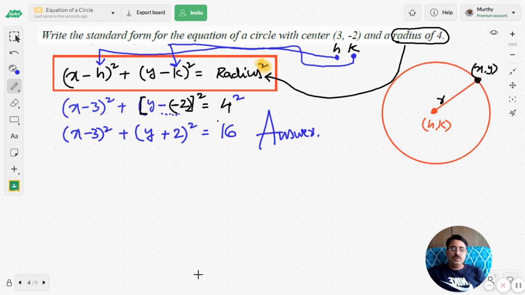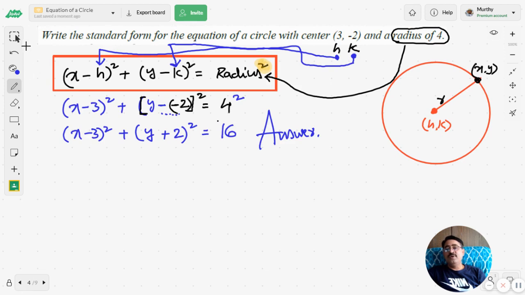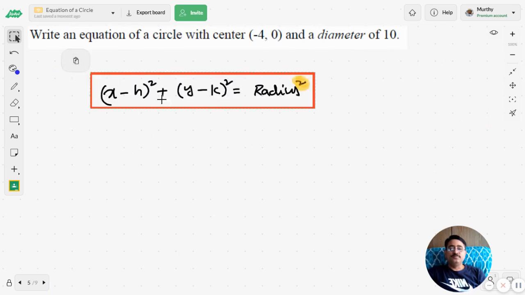So let's go to the next question. Write an equation of a circle with center negative 4, 0 and diameter 10. Let me go to the previous page, and as I mentioned before, please remember the formula and use it every time you solve a problem. So here is the equation I copied.